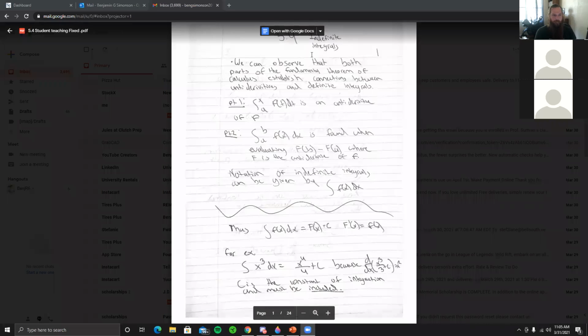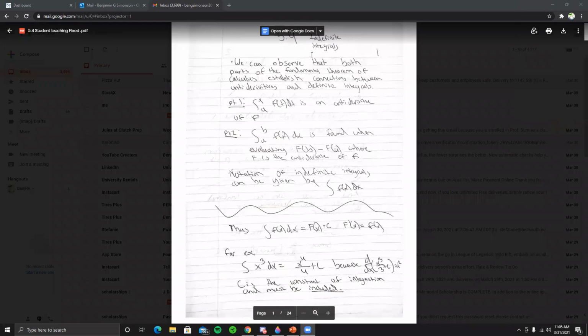So I guess I'll just dive right in. This section is 5.4 about indefinite integrals. First, we can observe that both parts of the fundamental theorem of calculus establish connections between antiderivatives and definite integrals. In part one, the integral of f of t from a to x is an antiderivative of f.